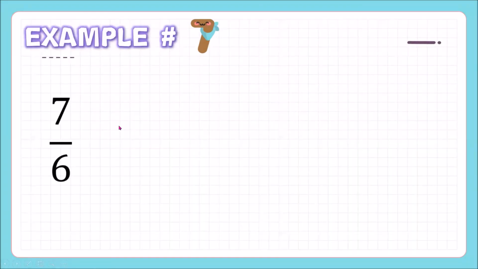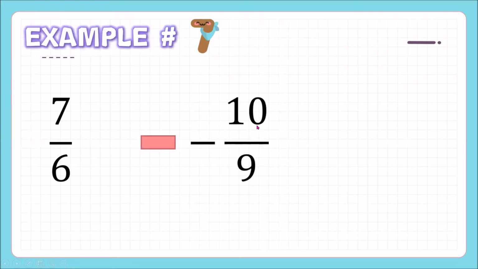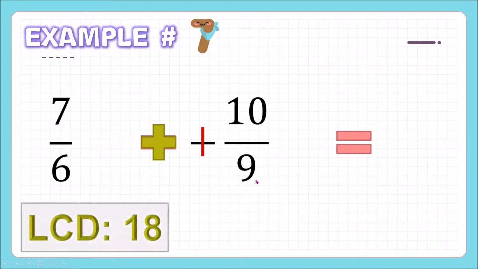Number 7. So we have here 7 over 6 minus negative 10 over 9. So change the sign of the subtrahend. It will become positive, and proceed in addition. So the LCD is 18.